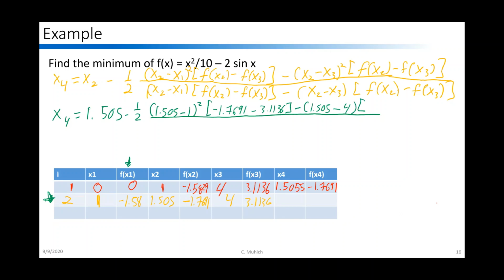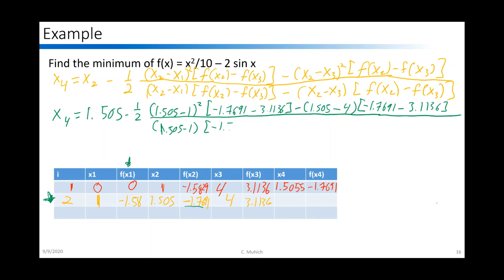Now I'm going to take once again those quantities of f of x2. I'm looking at the quantity here, negative 1.7691 minus f of x3, which is 3.1136. And that completes that top row. And I'm going to go ahead and do the bottom row. That's 1.505 minus 1, not squared.